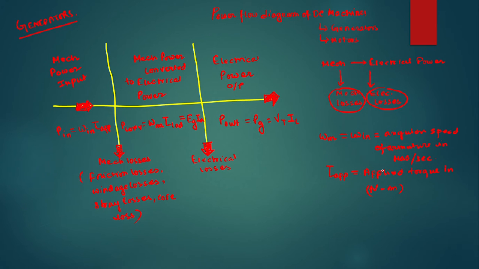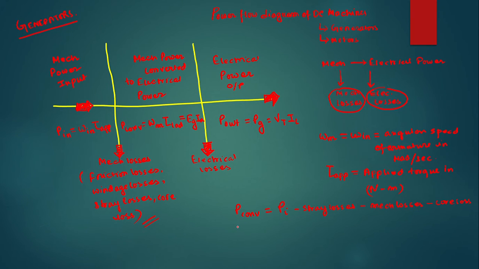right? So now the converted power, P converted, can be written as the input power Pin minus stray losses minus mechanical losses and core losses, as we have written it over here, right?